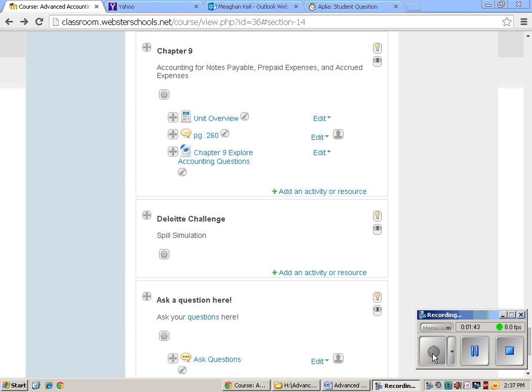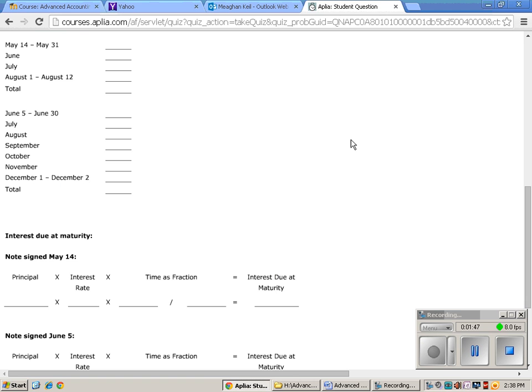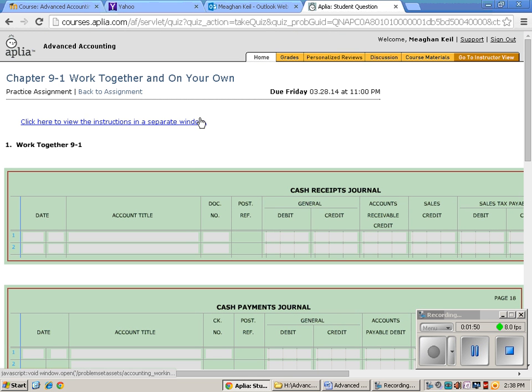All right, so if you want to turn to page 265, and we're opening up 9.1 Work Together. It says a cash receipts journal and a cash payments journal are provided. Source documents are abbreviated as C for check, R for receipt. Number 1, using the current year, journalize the following transactions in the cash receipts journal. So we're receiving money. Our first one, our date is May 14th, and what we're getting here is notes payable.